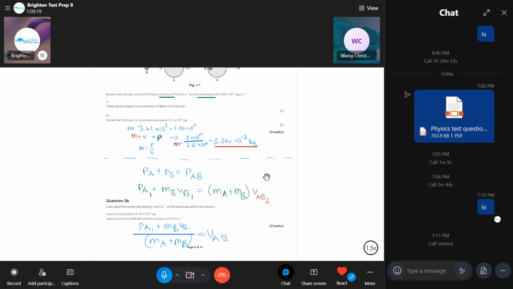It's in the equation already, but it makes perfect sense: the numerator is nothing else but the sum of the two individual momentums, whatever they are, divided by the sum of the two masses. That results in the velocity of the combined body afterwards. Kind of elegant. Very logical, very clear, but on the other hand, very elegant.